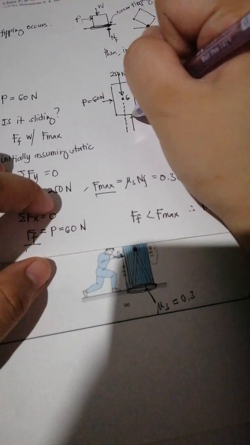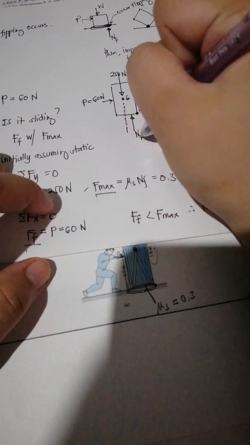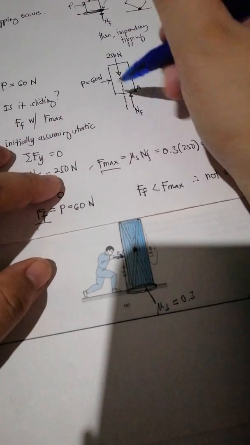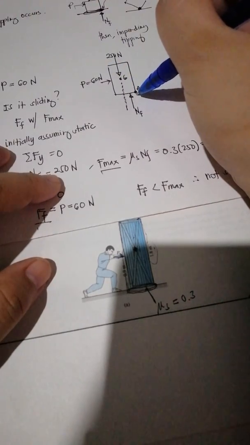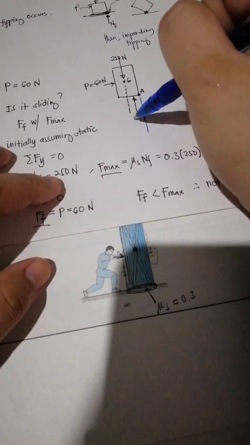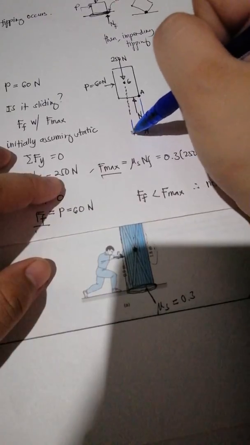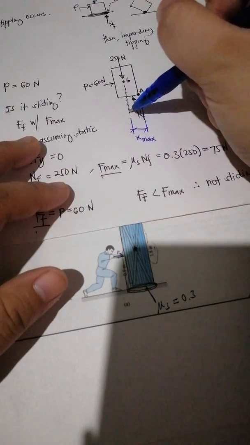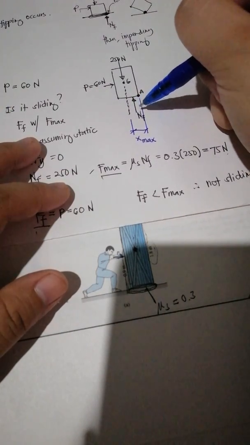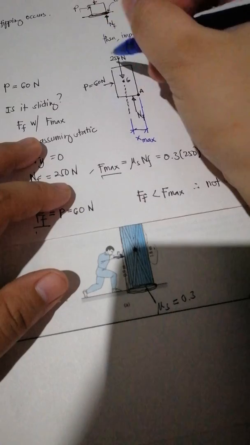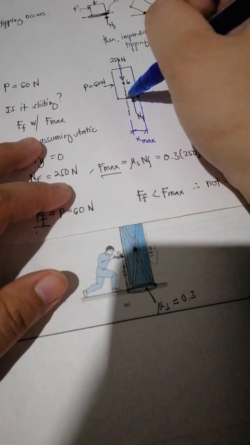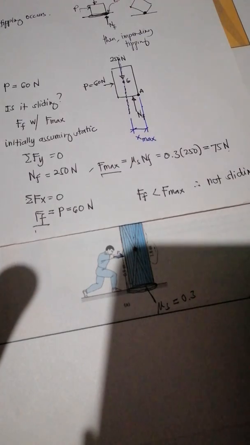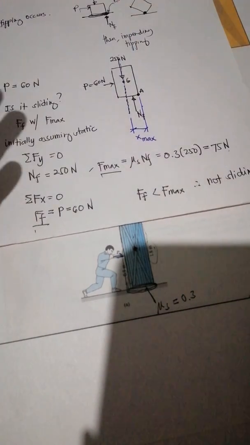So let's say N is here. Now it is tipping if N is on the tipping corner. So this is our X maximum. This is the maximum placement of the position of the normal force from the center of gravity wherein it's still not tipping, but it's impending tipping.